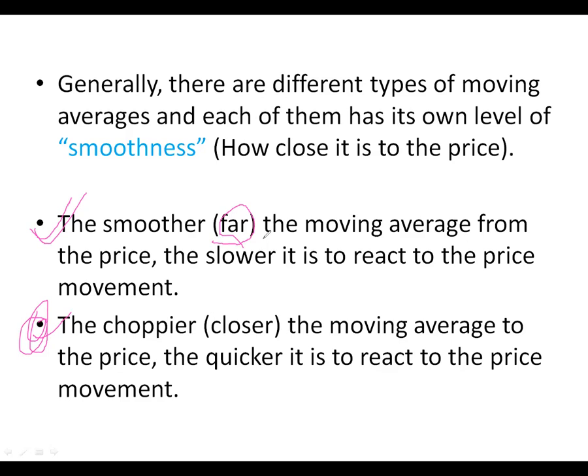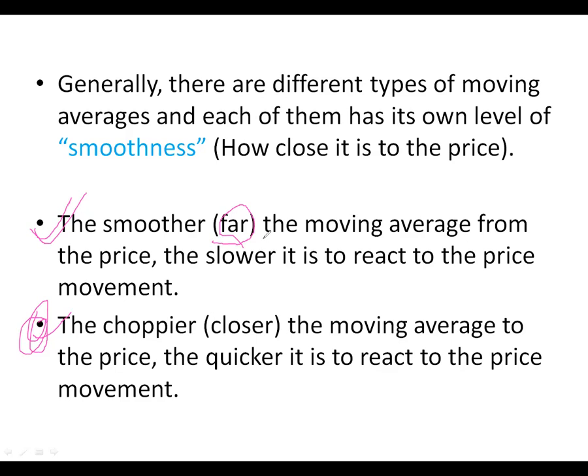Do you get the explanation? When the moving average is close to the chart or the candlesticks or the price, it gives you quick answers or quick decisions. Let me put it that way. When the moving average is close to the candles, it gives you quick predictions.